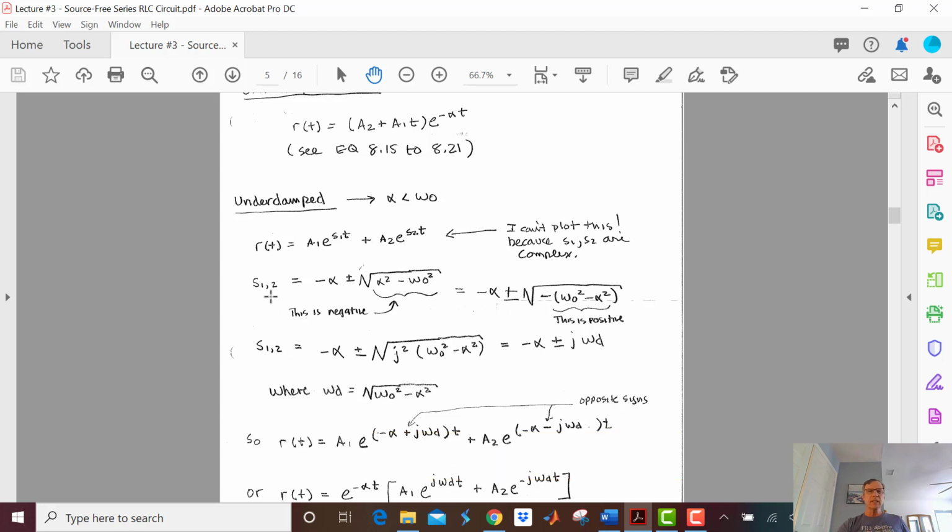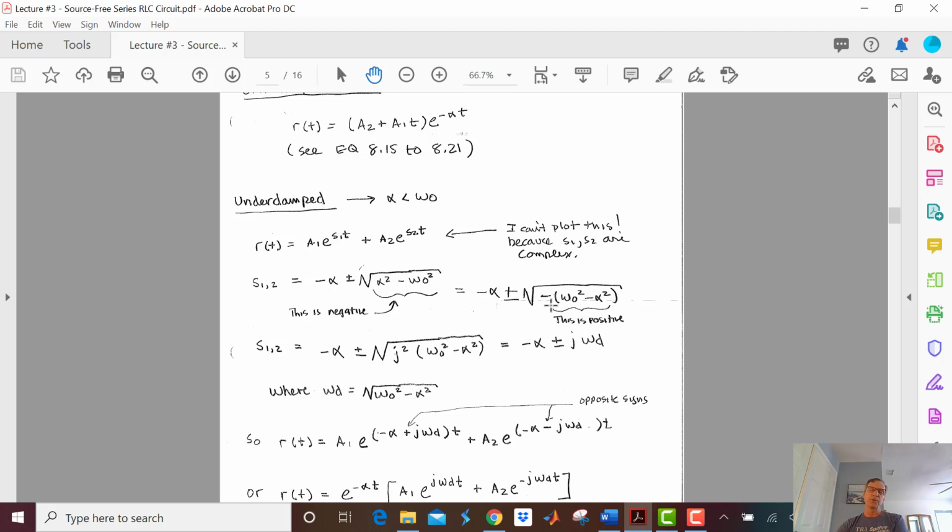So s1 and s2 are going to be minus alpha plus or minus the square root of alpha squared minus omega naught squared, but this rascal is negative. So let's interchange the order of these: now omega naught squared minus alpha squared is positive, but I'm stuck with a negative sign here.